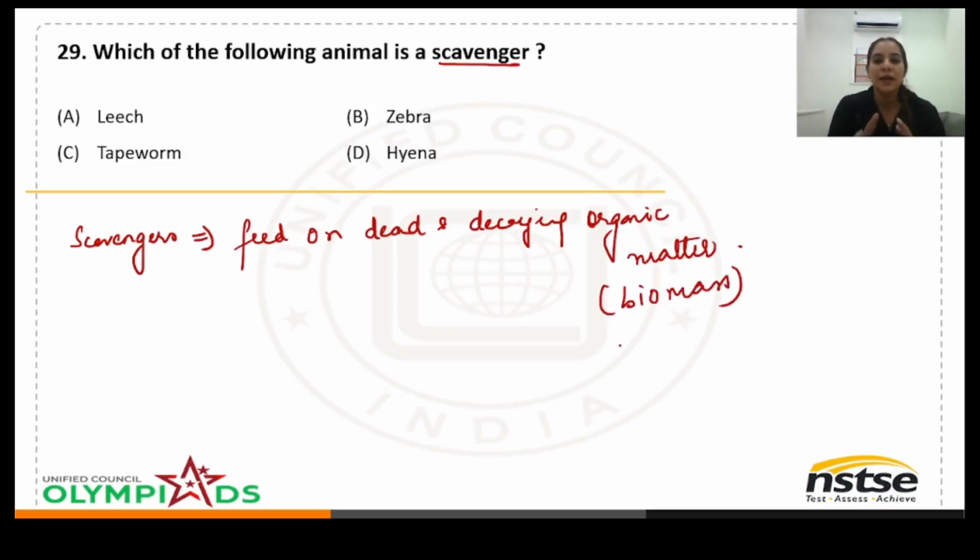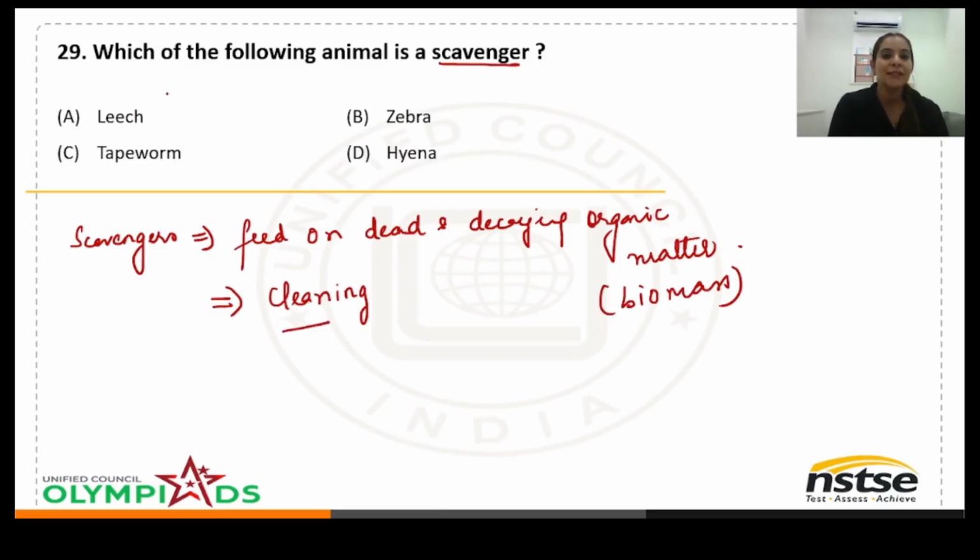So all those organisms or things which are dead or decaying, scavengers feed on them. And scavengers play a very key role in cleaning our environment. They are very essential.